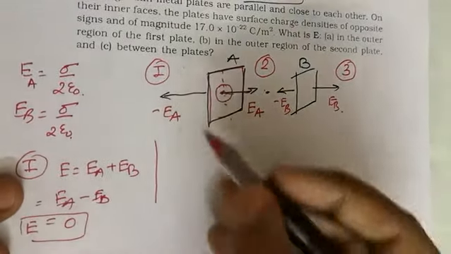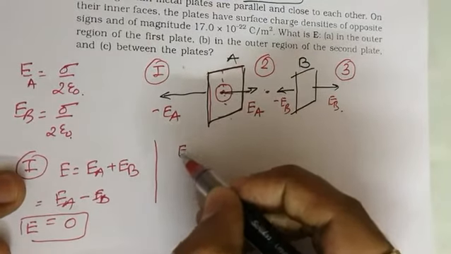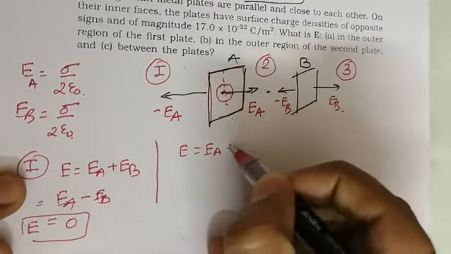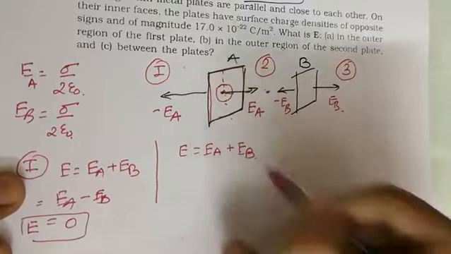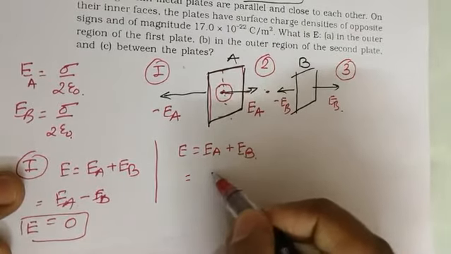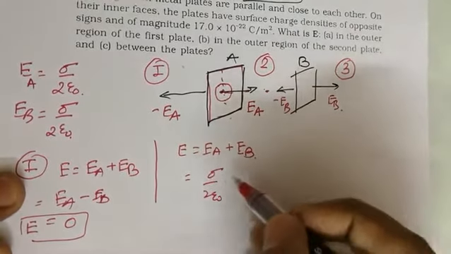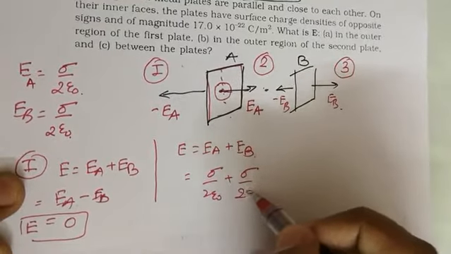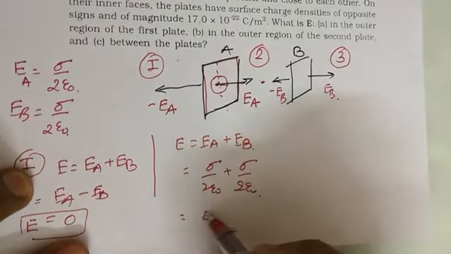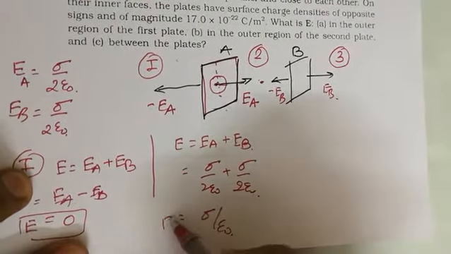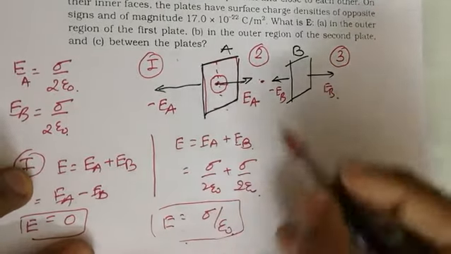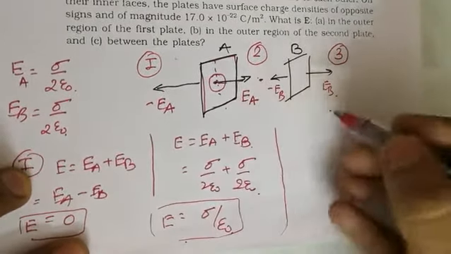Second part, at the midpoint, we have EA plus EB, so σ by 2ε0 plus σ by 2ε0, which gives σ by ε0. You can place those values.